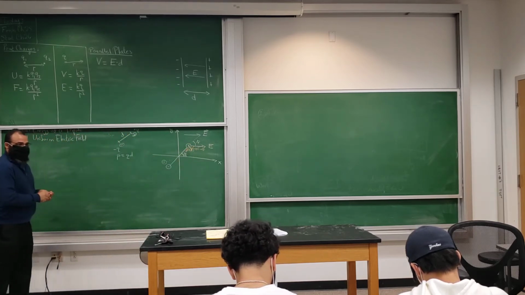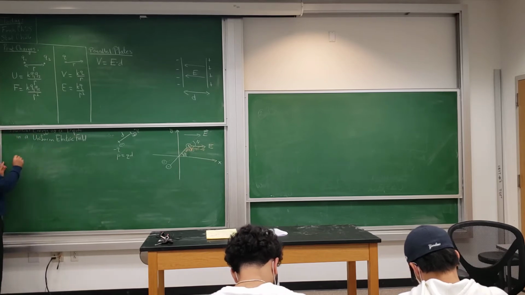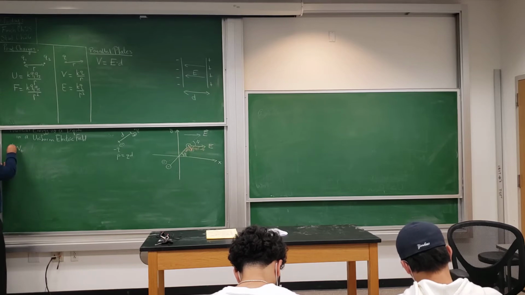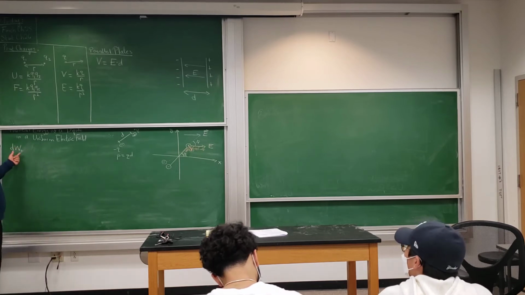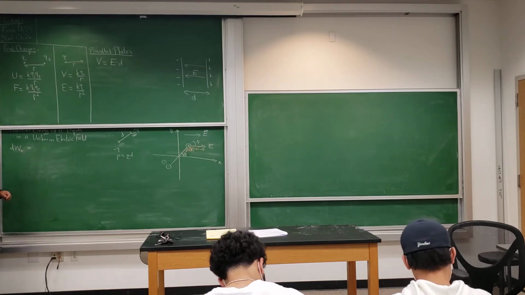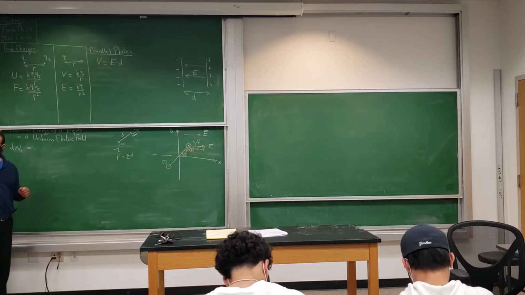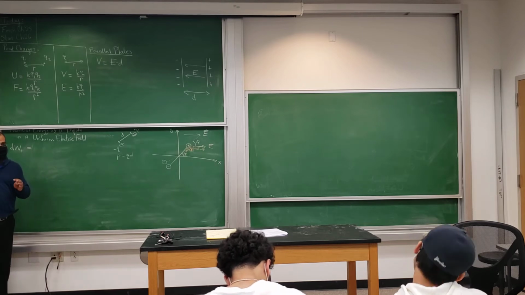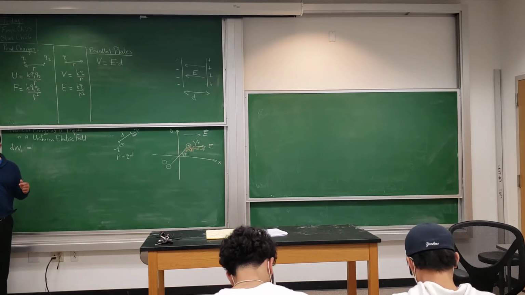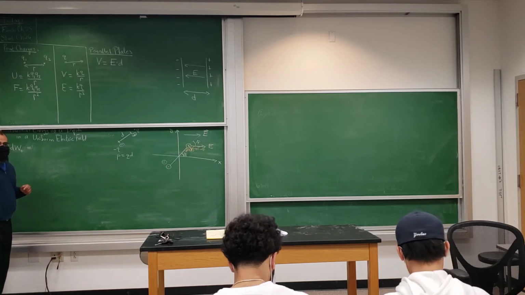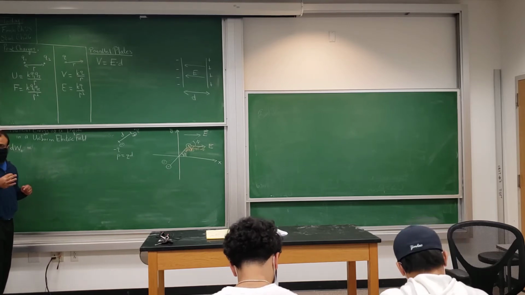So the amount of work that the electric field does on the plus charge, I'm going to write it down: dW plus, because it's a small amount of work, is the work done by the electric field on this plus charge. As usual, work done is force times distance times the cosine of the angle between them. The force is the charge times the electric field, qE, for a positive charge q.